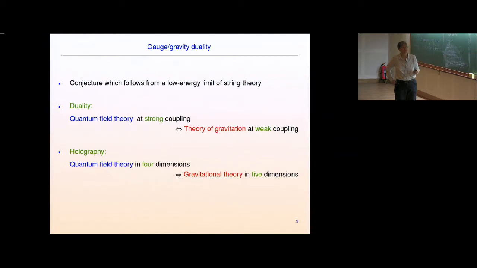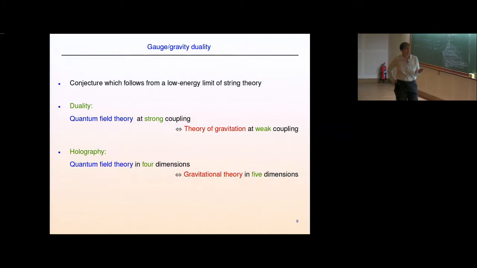There's no mathematical proof of this duality, and it's certainly not as simple as a duality relating two quantum field theories. It's a conjecture which follows from a particular low energy limit of string theory. I'm going to show you a little bit about this limit because this will be essential for actually describing quarks and gluons later on. Also, it has the property which I advertised: it maps a quantum field theory at strong coupling to a theory of gravitation at weak coupling.